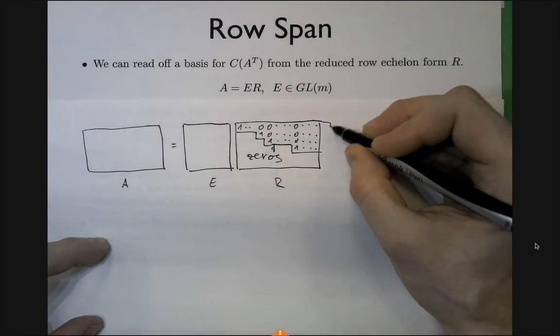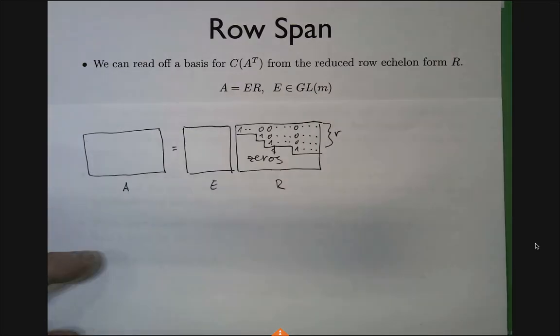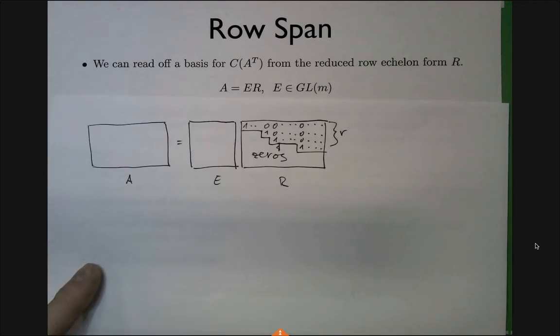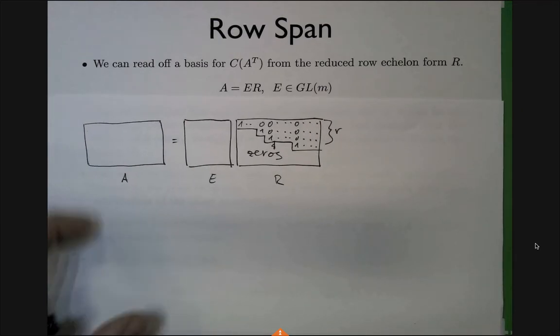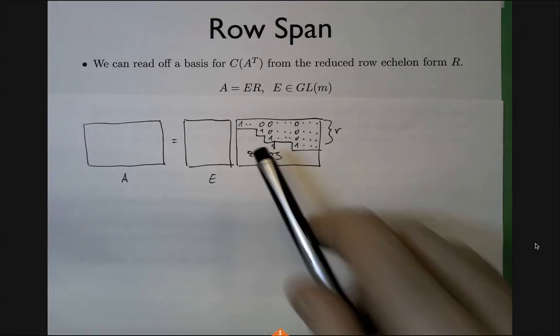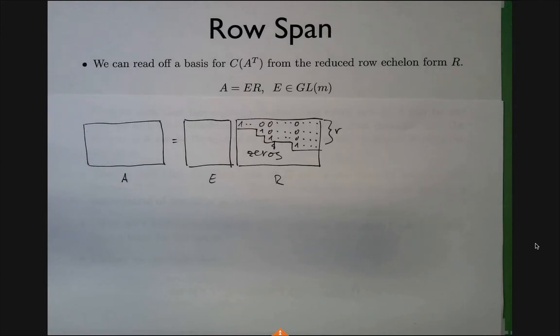And this number of the rows, that's the rank, right? That's the lowercase r, that's the rank of the matrix. So now can you tell me what is the basis of the row span of A, just by looking at this picture? I like it best if you can just look at it and get it from the picture, which in this case you can.